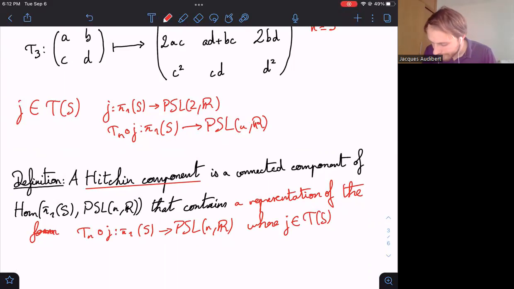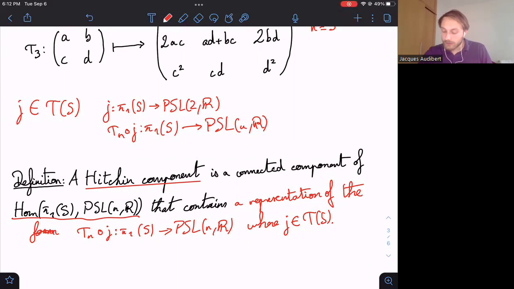So J can be any injective map with discrete image. But if you have this, then they can be in two different connected components. You fix a J like this, J injective with discrete image, and you do tau n of J. You lie in a connected component of this space, and thus this component is called the Hitchin component.